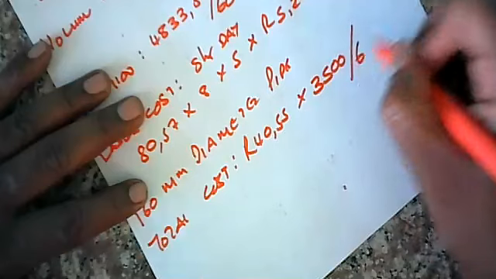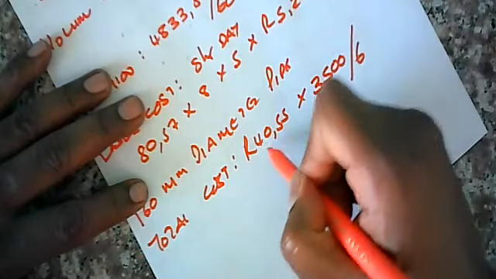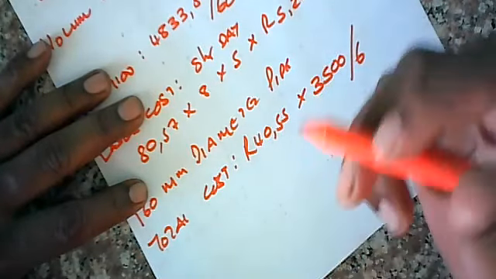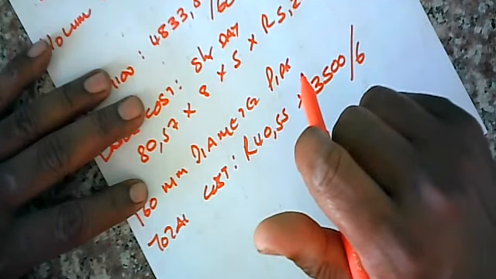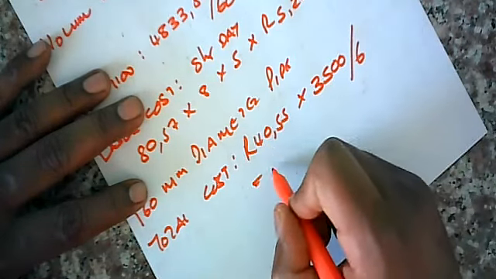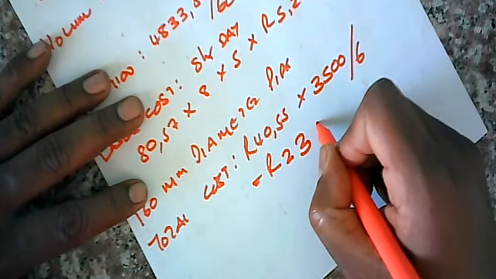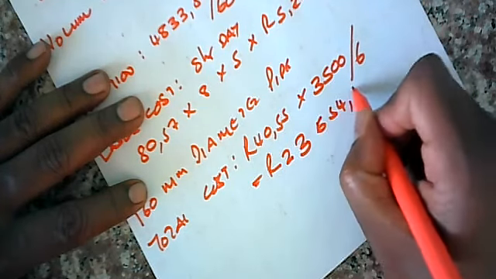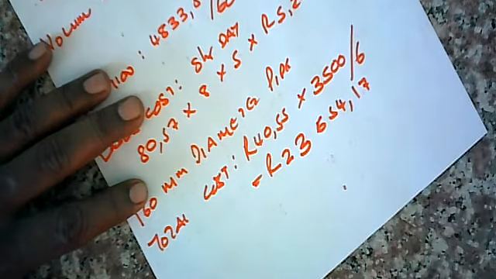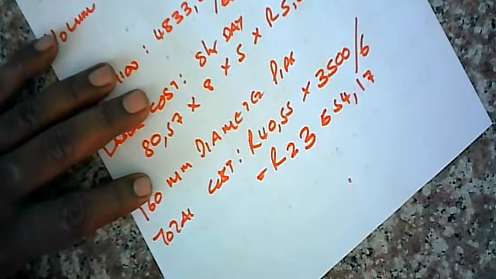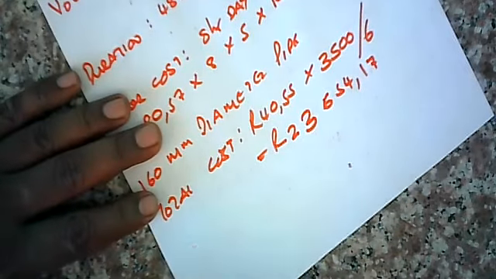All right, and let's divide it by 6 because one length only costs that amount, so we can get the complete cost of this. And we're finding out that this cost is quite substantial. It's 23,654.17 Rand.